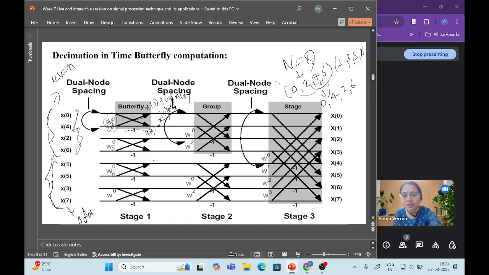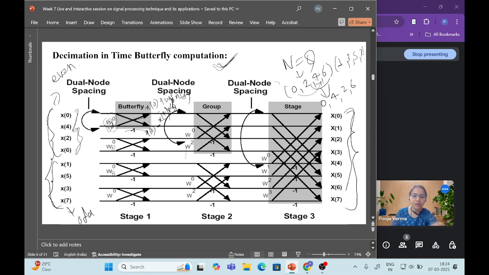Similarly, we calculate the others, then again make groups of 4, then with all 8 points, and we get the output in the same order 0, 1, 2, 3, 4 and so on. That's why in DIT, the input is given in reverse order and the output is obtained in the same sequence.